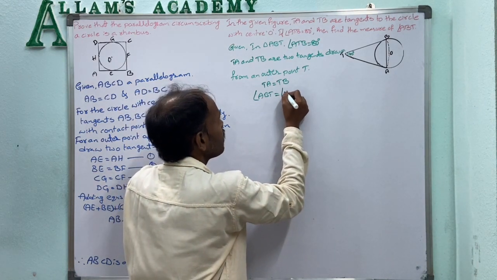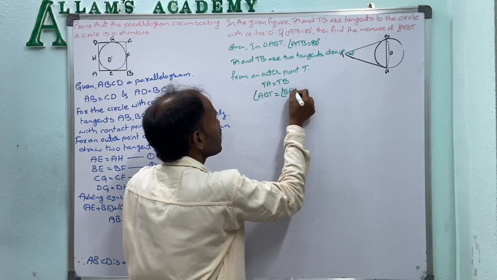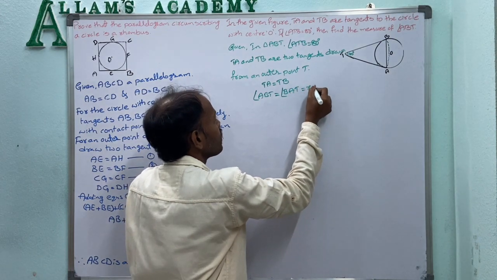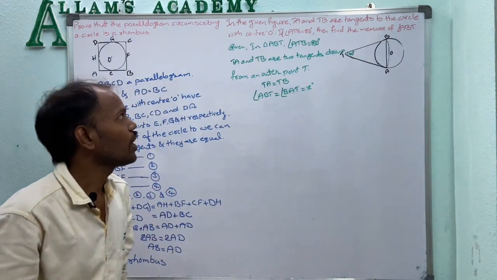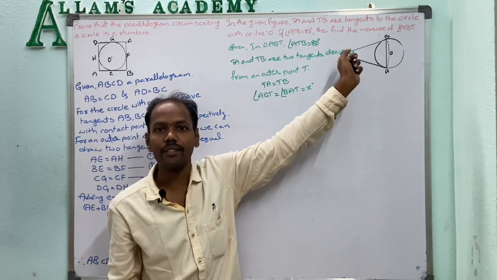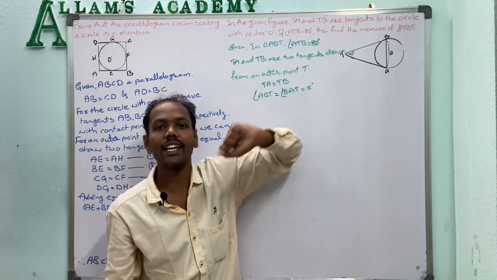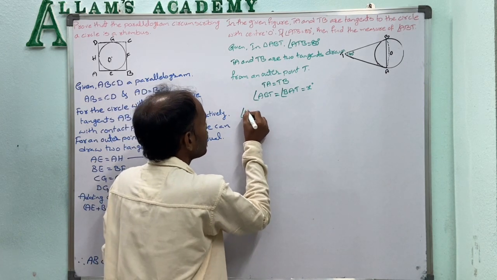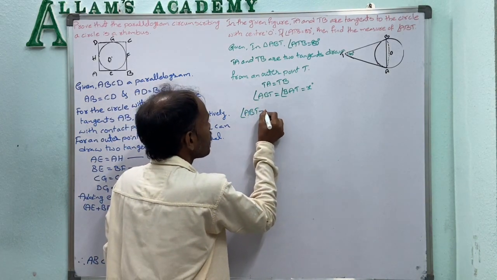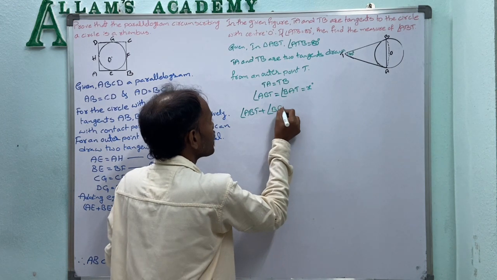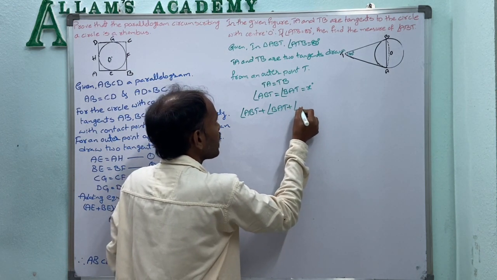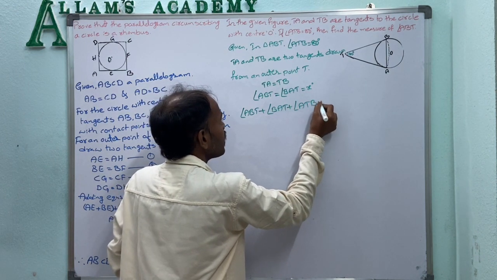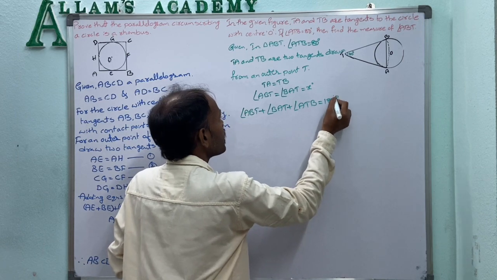That means angle BAT and angle ABT are both equal, so we say that each is x degrees. Now in a triangle we know that the sum of the angles is 180 degrees. So angle ABT plus angle BAT plus angle ATB equal to 180 degrees.